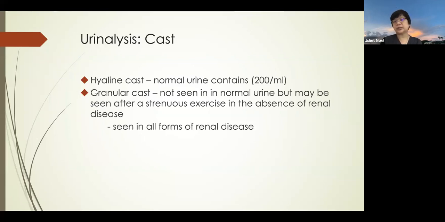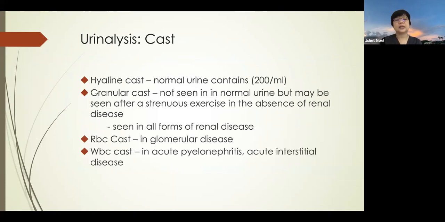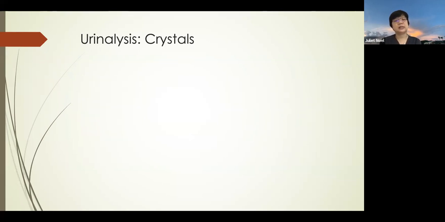But definitely, granular casts can be seen in all forms of renal disease. When you see an RBC cast, it would mean glomerular disease, a glomerulonephritis. WBC casts could mean acute pyelonephritis or acute interstitial disease.